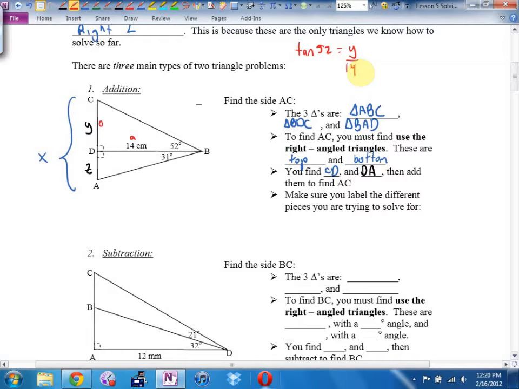Do I use the second function button here? No. That's to find an angle, right? Here it's going to be straight cross multiply. I think you'll get y equals 14 tan 52.